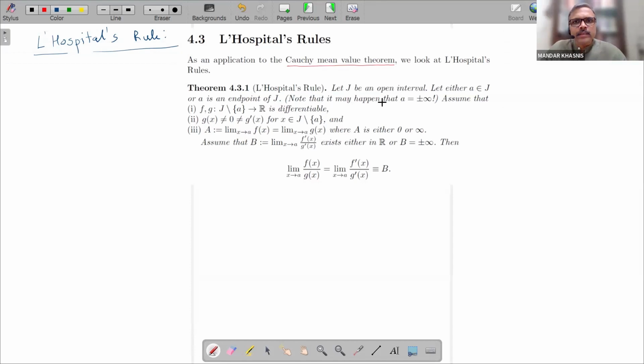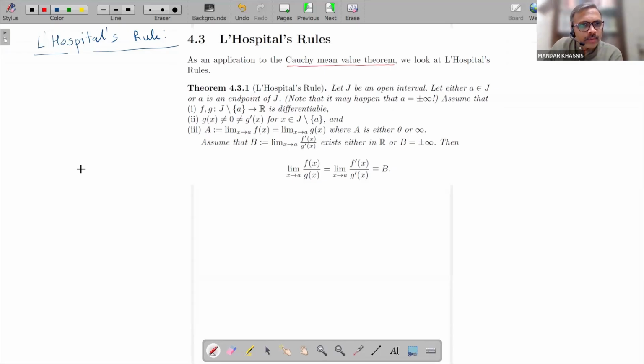You take an interval, and a can be one of the end points, so it can even be plus minus infinity, and look at two functions defined on the interval other than a. I don't need them to be differentiable at a. Other than a, they are differentiable.